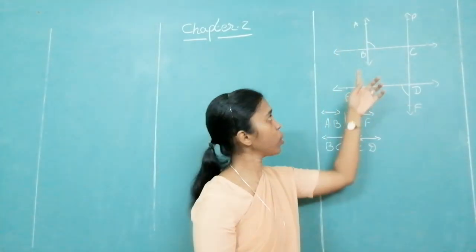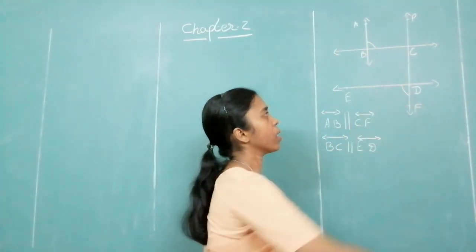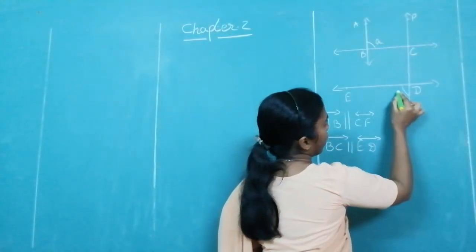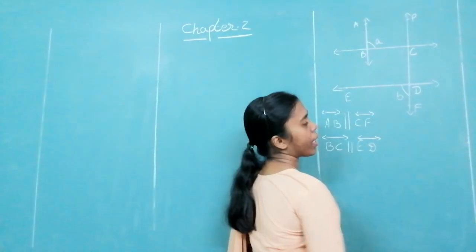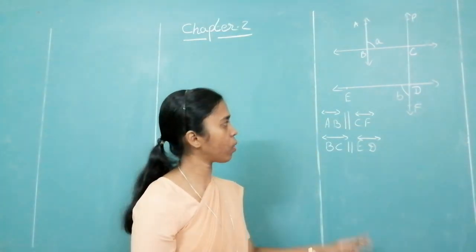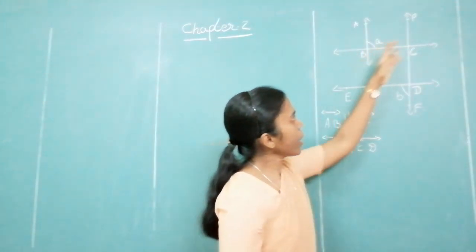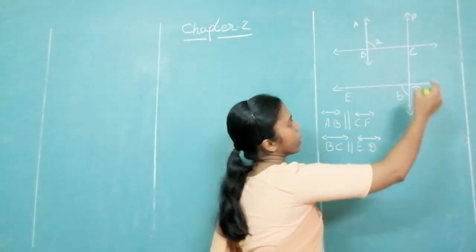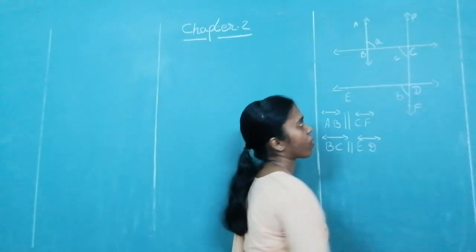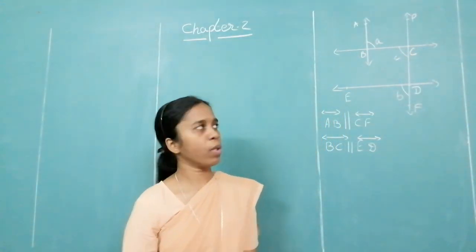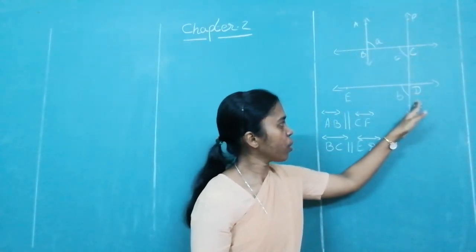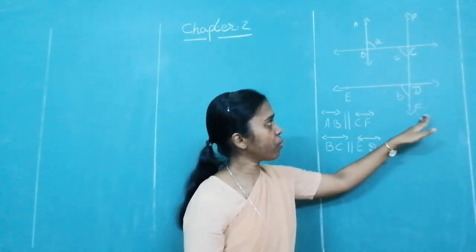Now what you have to show? This angle is equal to this angle. I am naming this angle as A and let this be my B. I have to show that A is equal to B. Okay. Now, since AB is parallel to, what can I say about this? Suppose I name this as C. Okay. What can I say about A and C? AB is parallel to PF.